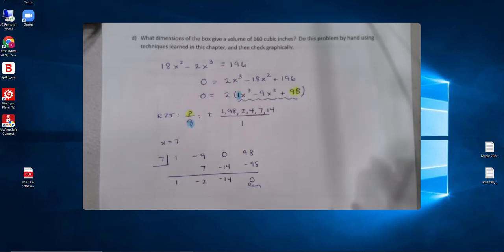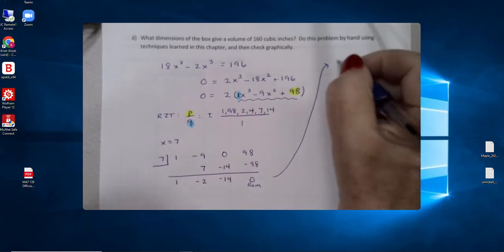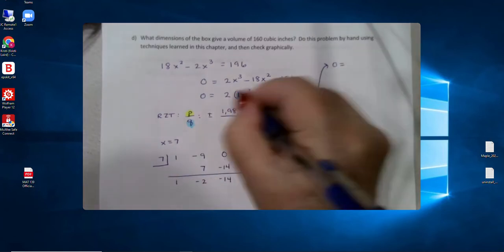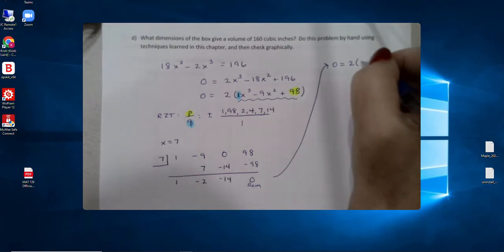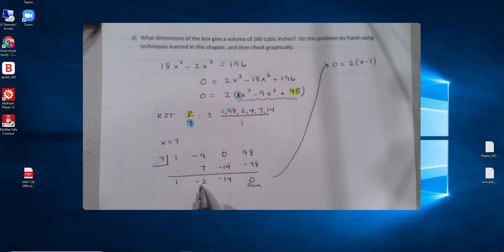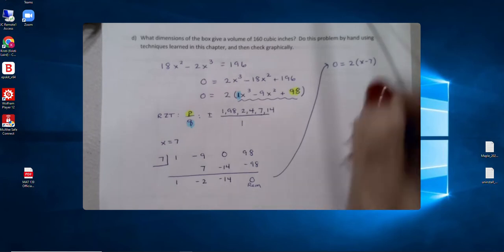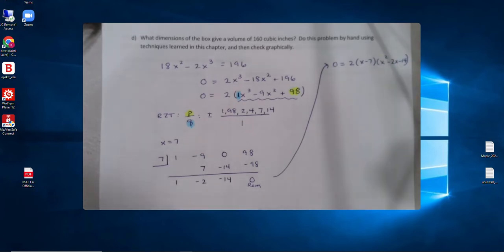And I can therefore say that I could rewrite this in factored form as 2 times x minus 7 times x squared minus 2x minus 14. Squeeze that in there. There we go.